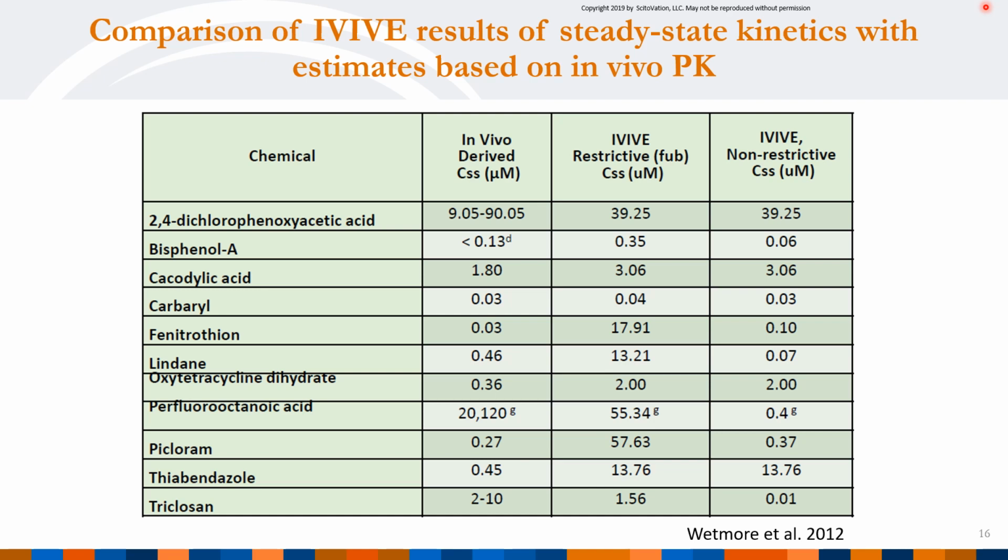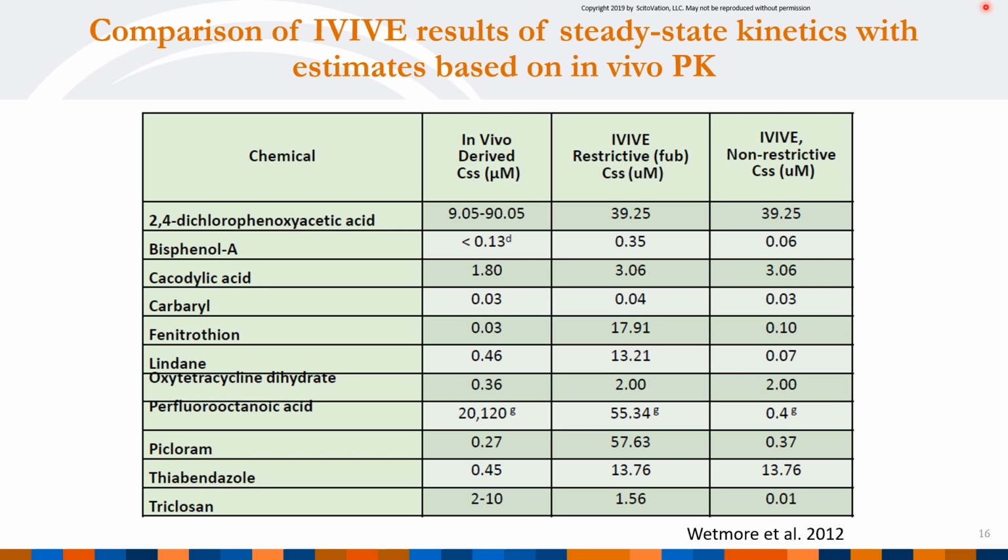So these assumptions are really conservative from a human health standpoint, because lower absorption or additional routes of excretion would result in lower estimates of the oral equivalent dose required to achieve a specific plasma concentration. So usually restrictive hepatic clearance is assumed, and was assumed here in the pharmacokinetic modeling, where the on-off kinetics of protein binding are slow enough to become rate limiting.